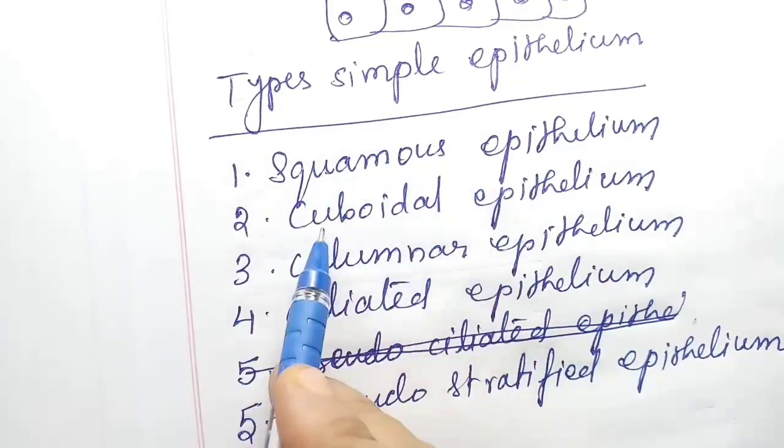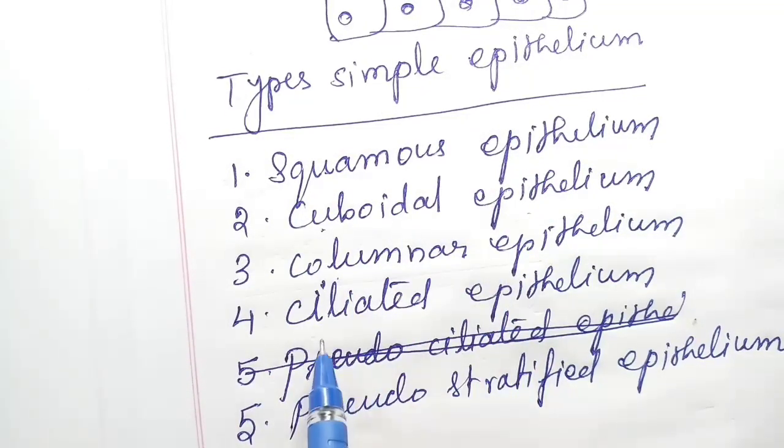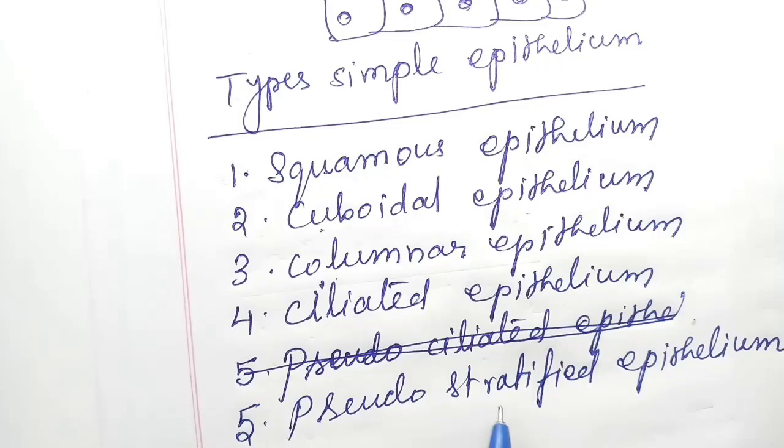So, squamous epithelium, cuboidal epithelium, columnar epithelium, ciliated epithelium, pseudo-stratified epithelium.